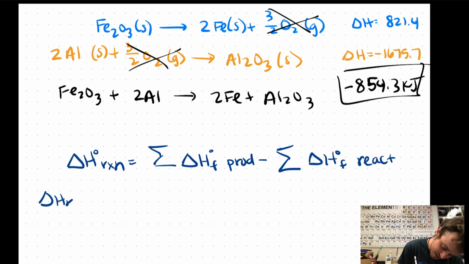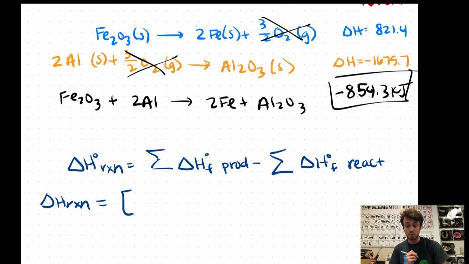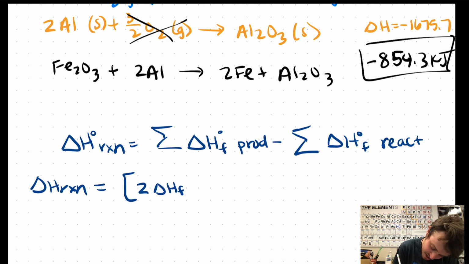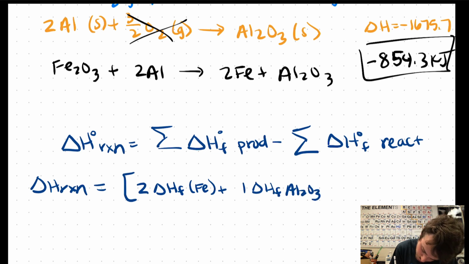So the delta H of reaction would be equal to, well, let's look at what our products are in that reaction. The products of that reaction were 2 moles of Fe, so I would use the delta H of formation of Fe, and then also 1 mole times the delta H of formation of Al2O3.